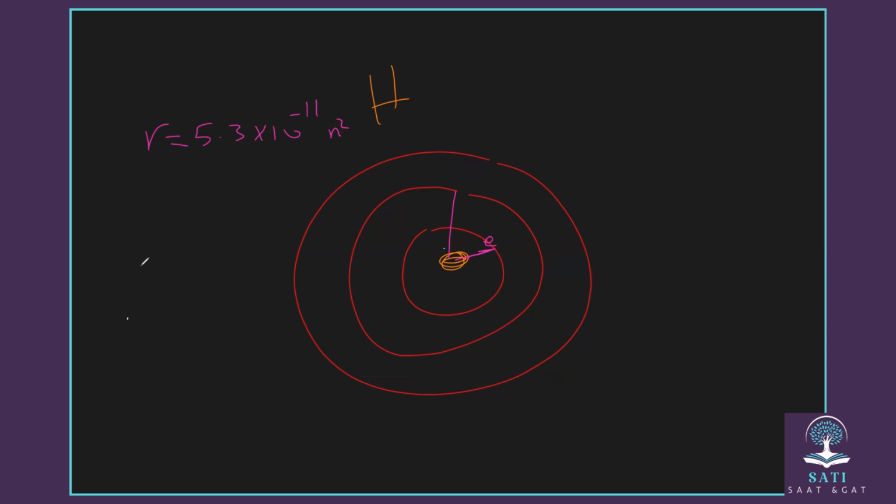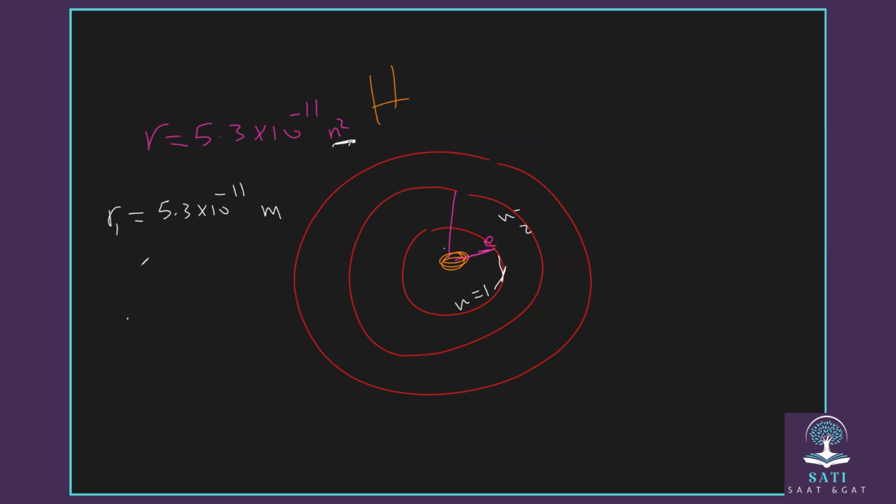For the first energy level, n equals 1, so the radius is 5.3 times 10 to the power of negative 11 times 1 squared. 1 squared is 1, and the unit is meter.